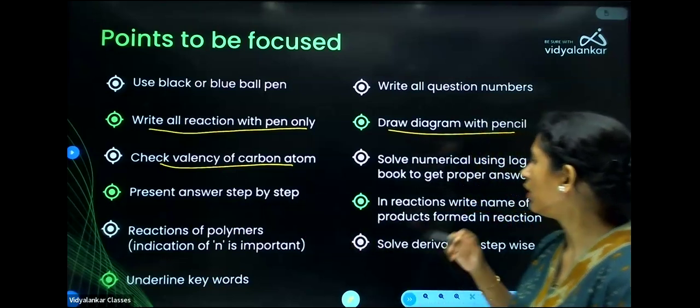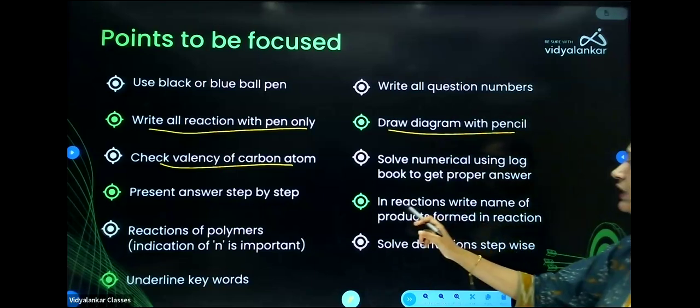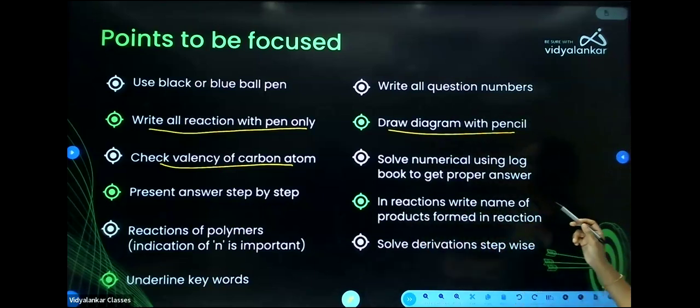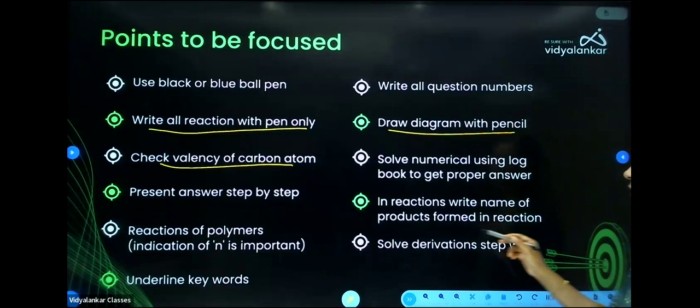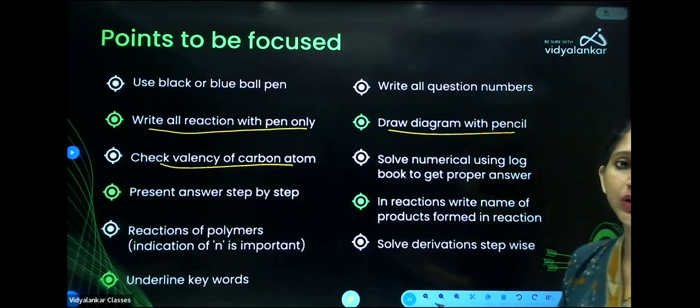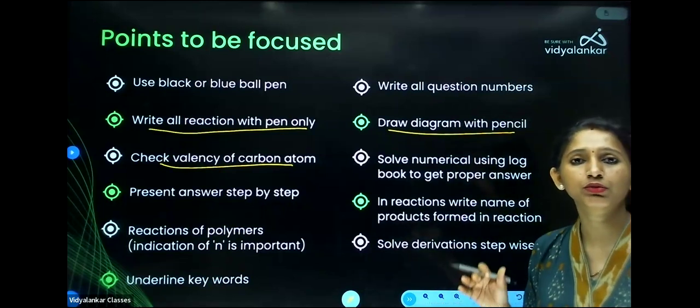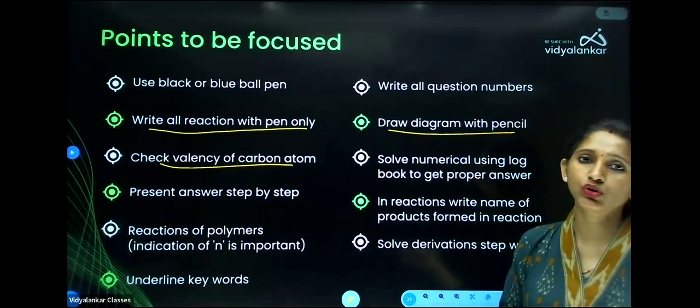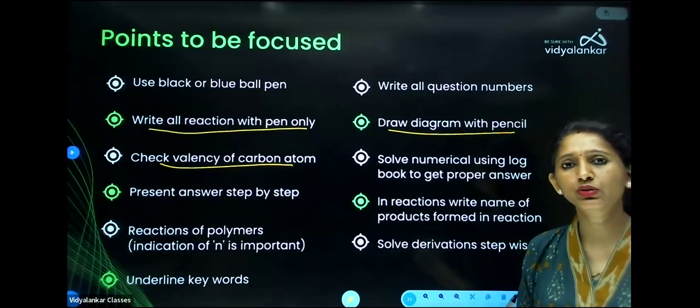After that, in the reactions, you are expected to write the name of the product formed, but only if you are sure. If you are not sure of the name of the product formed in the reaction, do not write the name. But try to write the name.